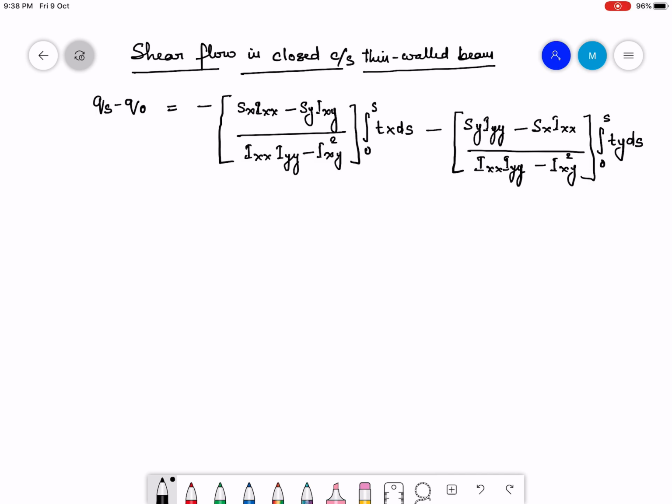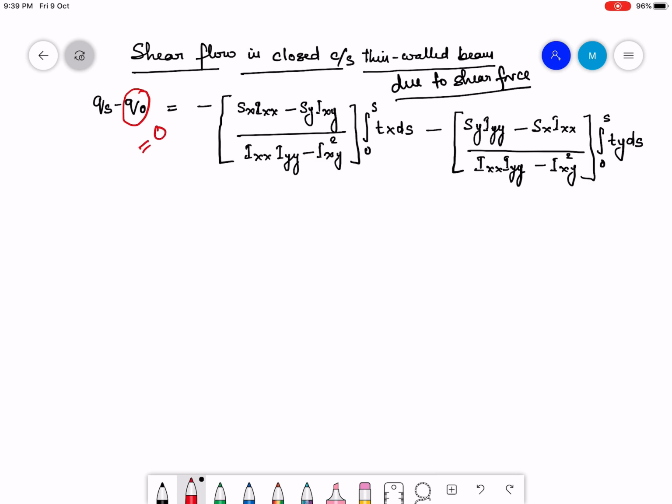As I said at the end of the last lecture, the problem with finding the shear flow in a closed cross-section beam due to shear force is that there is no open edge or free edge for which I can consider Q0 to be equal to 0.